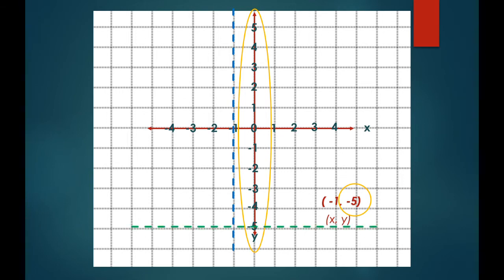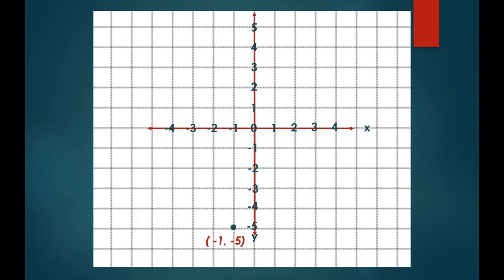Ayun. Kung mapapansin nyo, yung line na drawing natin na nag-pass through sa negative 1 at nag-pass through sa negative 5 ay mayroong point of intersection. Yun. Yung point na yon ng intersection ng -1 tsaka -5, yun yung hinahanap nating point. So, doon natin ilalagay si -1, -5.